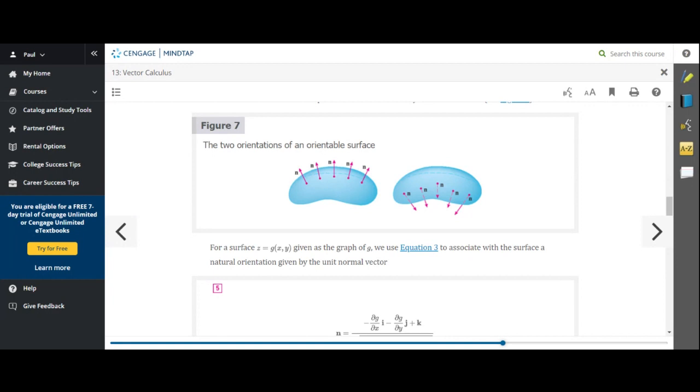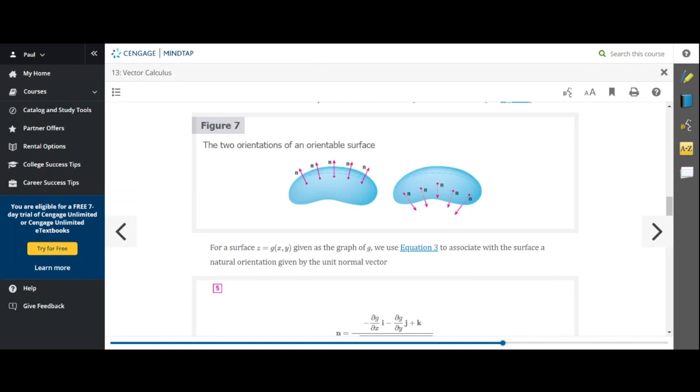But at any rate, we really want to talk about the rate at which fluid flows outward from a surface. Outward orientation is in figure 7, the first figure there, where the normal vectors flow outward from the surface.